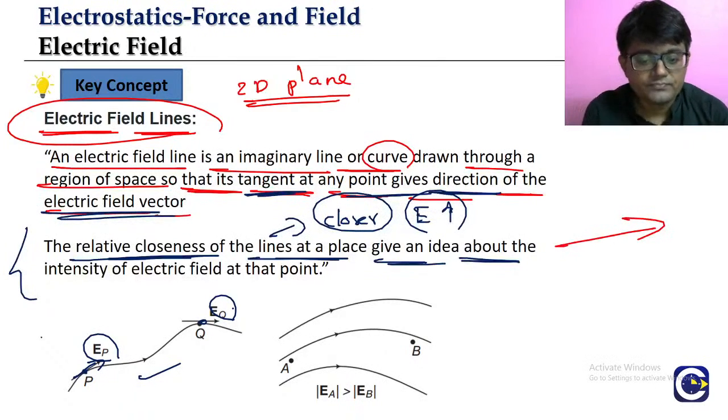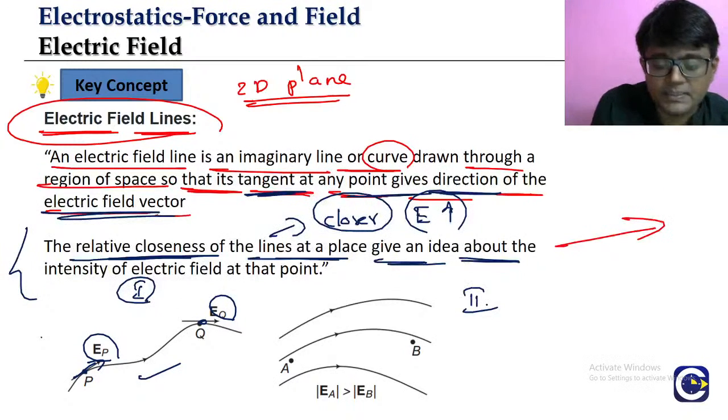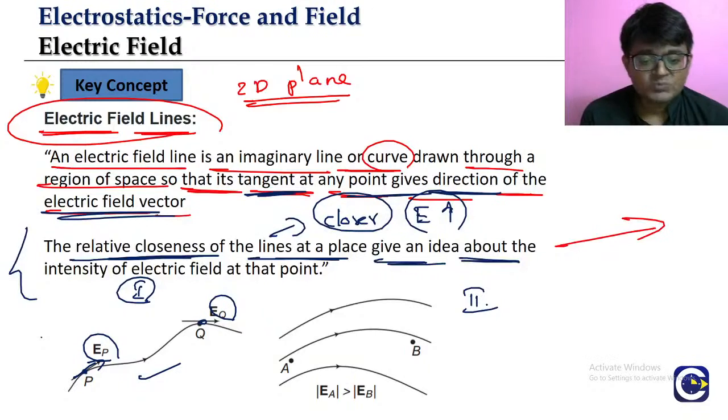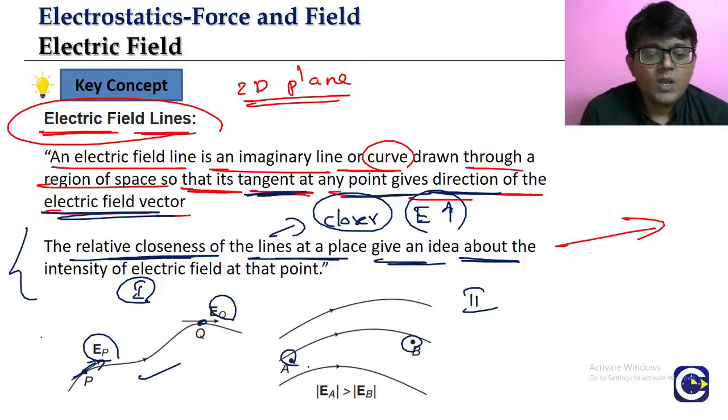Okay? Next, in the second diagram, look, the second representation, here we have marked point A and point B. At point A, how are the lines? The lines are closer.